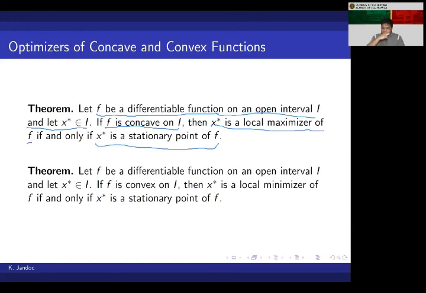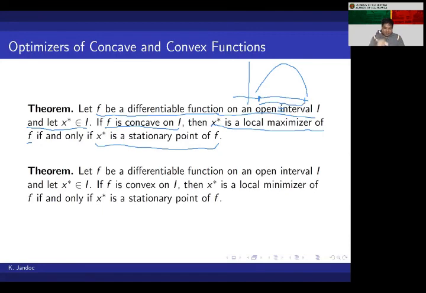The proof is in the notes, but I'll just give the intuition here. Suppose you have a concave function over here, and you have this interval I. From here to here, this is I.